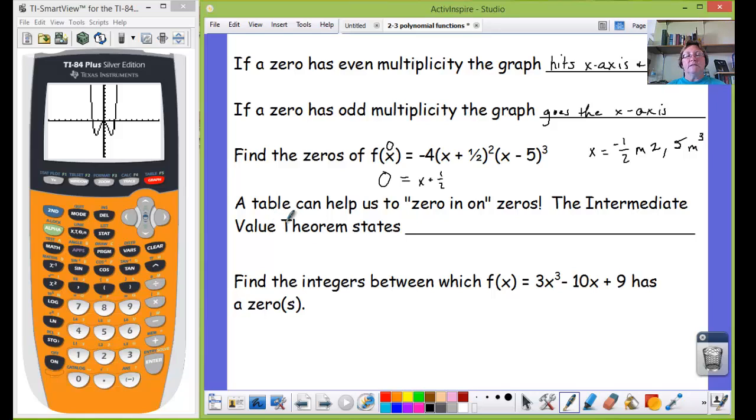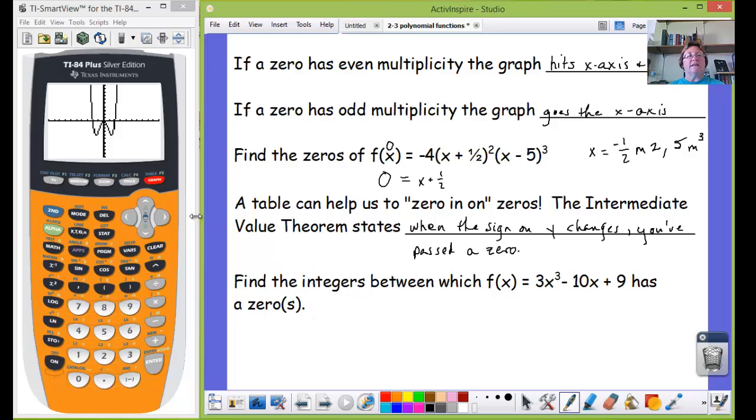Now, the last little point that I'd like to make is that a table can help you to find those zeros. The intermediate value theorem states, and there's probably a way better way to say it mathematically, I'm going to just give you my words: when the sign on y changes from positive to negative or vice versa, you've passed a zero.